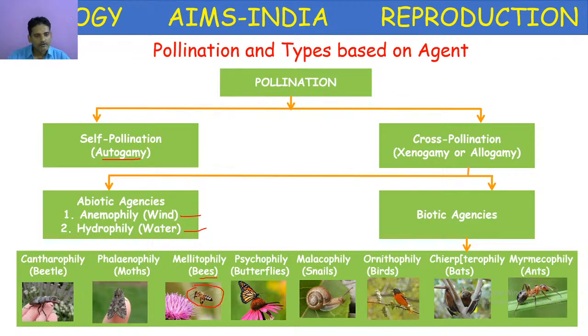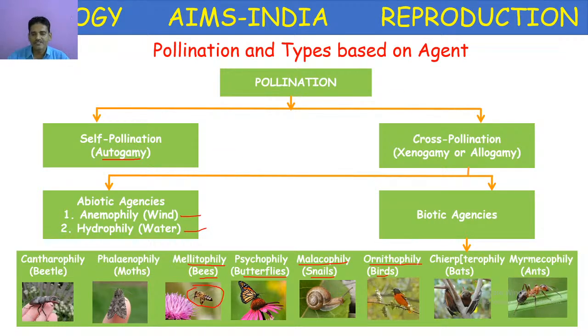Bees are very important in cross-pollination. Then, if it takes place by means of butterflies, it is called psychophily. If it takes place by snails, malacophily. If it takes place by birds, ornithophily.